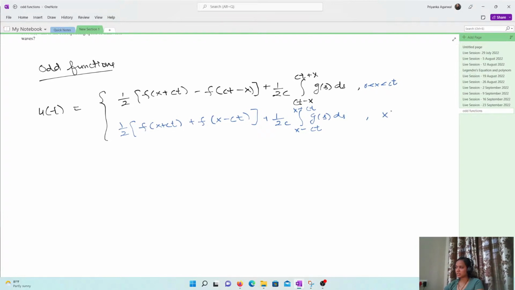This is when x is greater than ct. So this has been already shown in the lecture how to get it. Now the other case has also been shown when it has been extended as an even function.